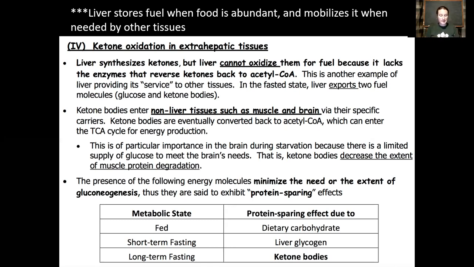So if your body is in such a dire situation where you haven't eaten in so long that you've burned through all of your dietary sugar, all of your stored glycogen, your body is going to start prioritizing what needs to be fed. And so your liver, in response, makes something called ketone bodies.